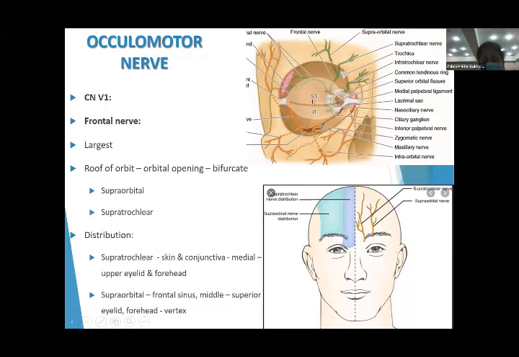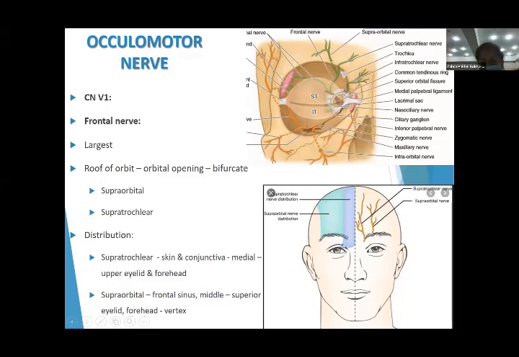So the frontal nerve gives two branches: medially it is the supratrochlear, laterally it is the supraorbital. Now what is their distribution? Medially, this is the supratrochlear. Now what you need to make clear is that the supratrochlear is the medial one.